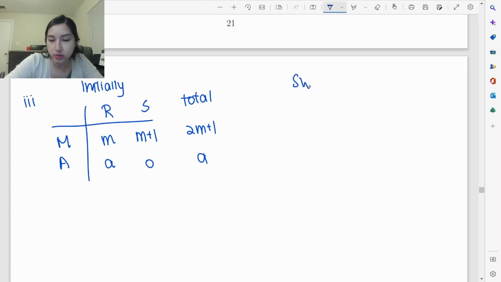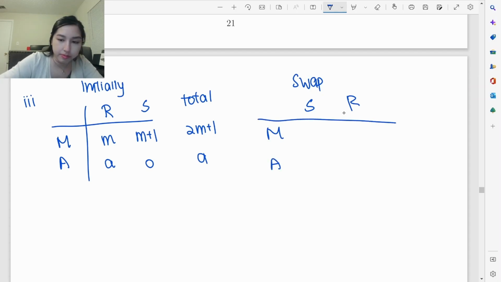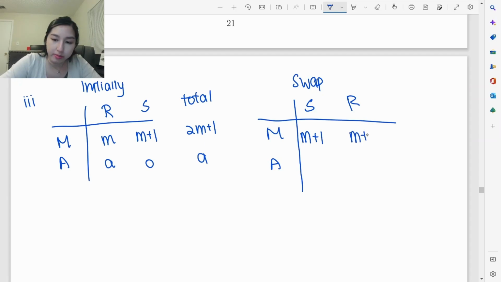And then when we swap to sunny, rainy instead, Miriam, Adam. So because it's a sunny day, she can go up by 1. It won't be M, it will be M plus 1. And then M plus 1 again, because it never goes down, so it has to stay the same.